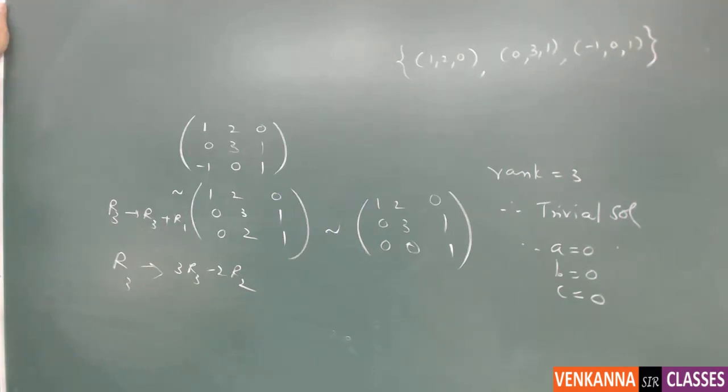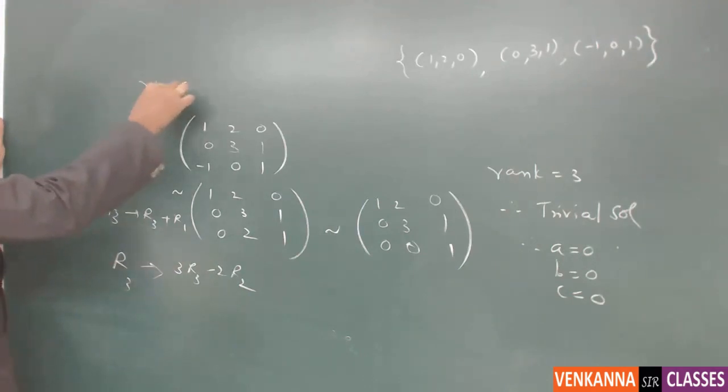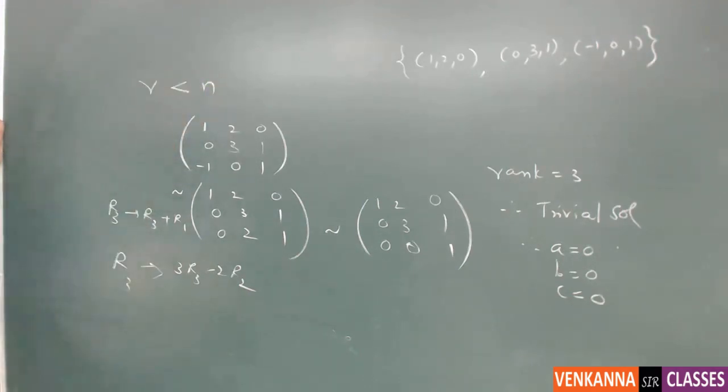If the system is dependent, then the rank will always be less than the number of variables, so you can find some non-zero values for the scalars A, B, C. This was the whole approach.